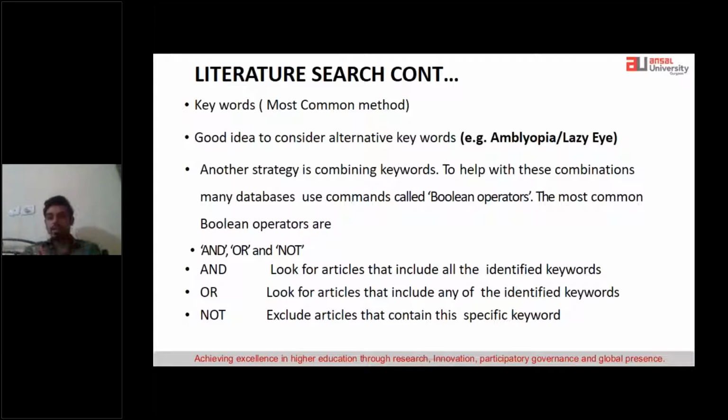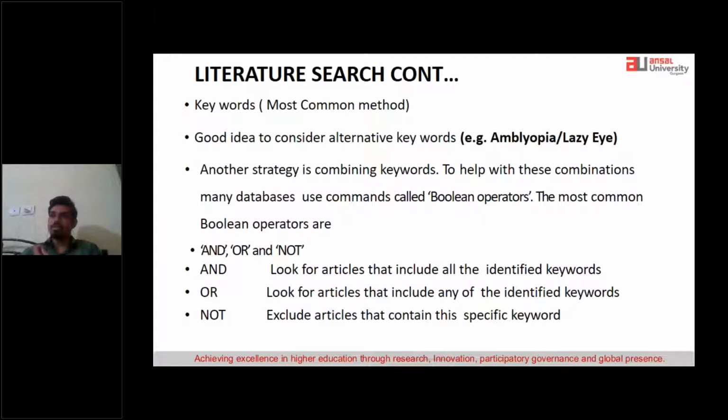Now, how can we search those articles? For example, you have a very gross idea, you want to do something related to amblyopia. That is where your keywords are very, very important. Keywords are what you use in searching the literature. So if you want to do a literature search on amblyopia, amblyopia is the keyword.